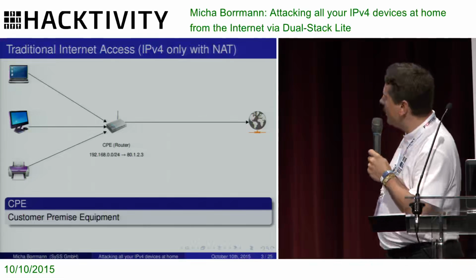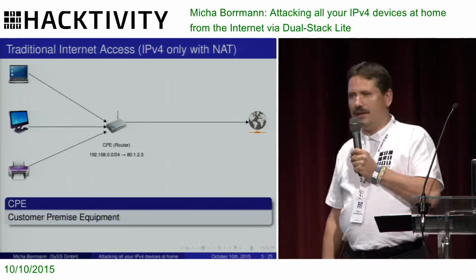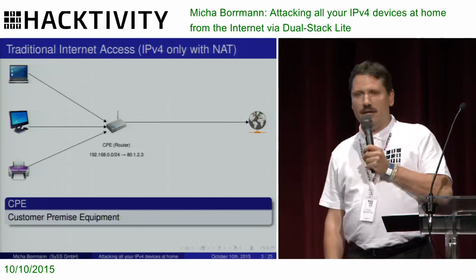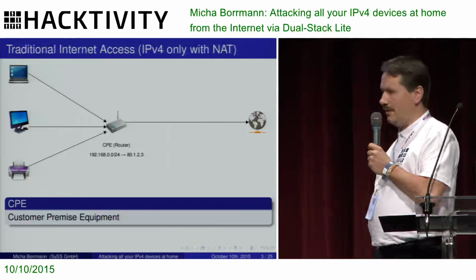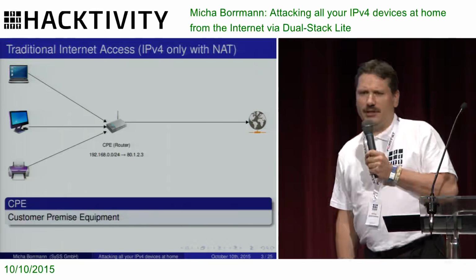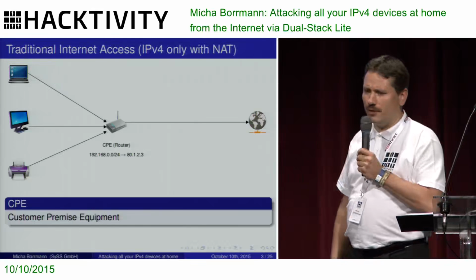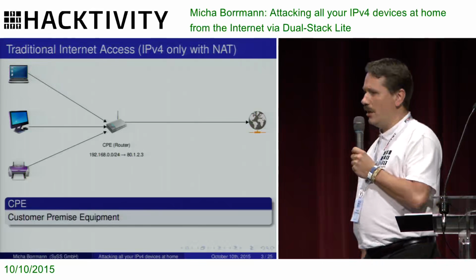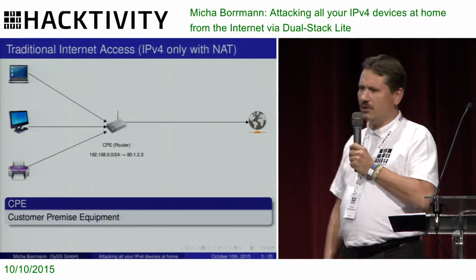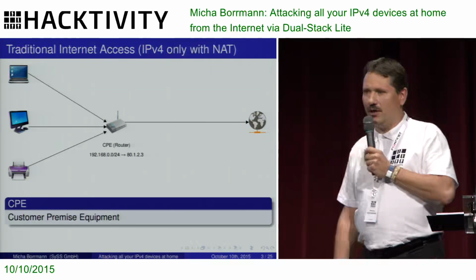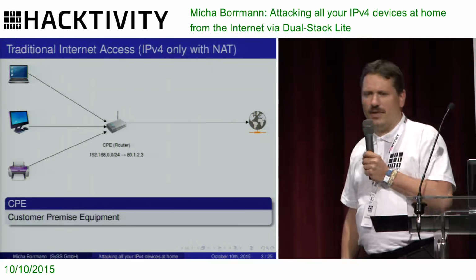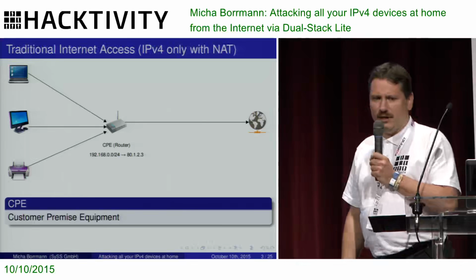Every device can connect to the internet, but it's not possible to connect from the internet to any of your internal devices directly, but on most CPEs you have the possibility to configure a so-called port forwarding. It means one port, for instance 8080, you forward to your internal device, and that's the reason you can reach your network attached storage, which is located in your home network, from outside, from the internet.